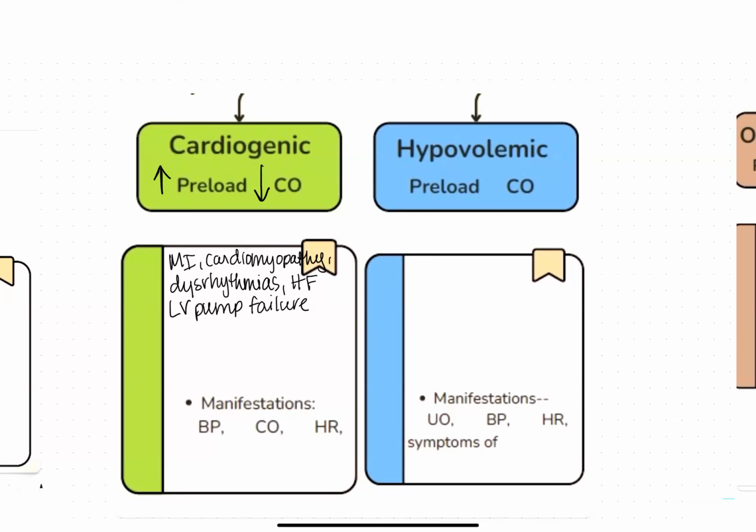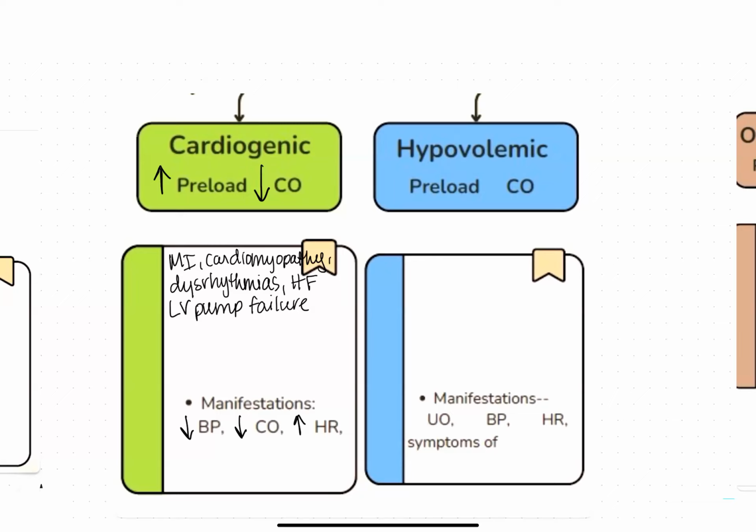So manifestations of cardiogenic shock will include decreased blood pressure, decreased cardiac output, and an increase in heart rate as the body tries to compensate and deliver blood to the body.